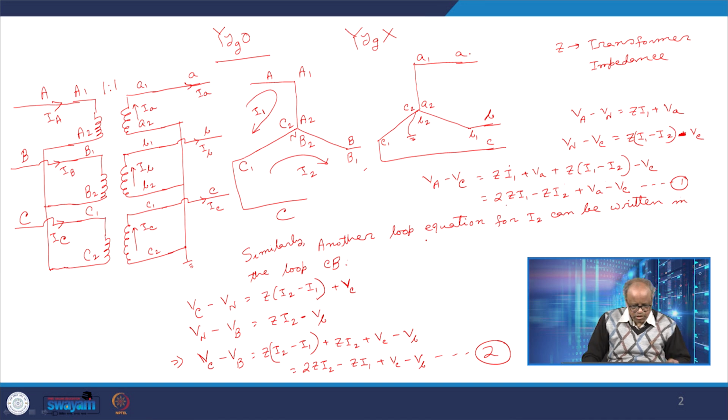And of course, if our transformer connection is, let us say, YGY and some x, then what we will do is simply take the loop current at the secondary side, and write down the loop equations at the secondary side by reflecting the voltage of the primary side to the secondary side, and then solve the loop currents at the secondary side.